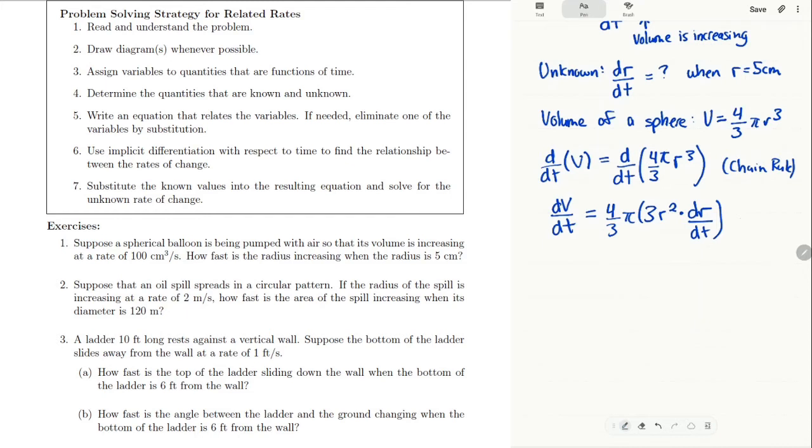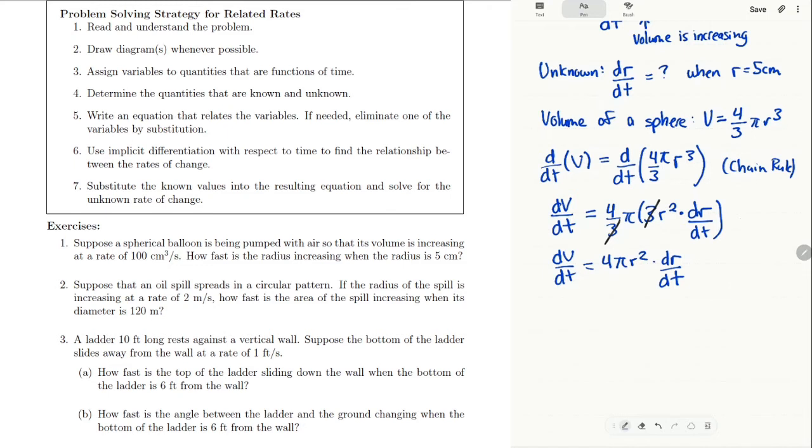So now let's simplify. We have dV over dt equals, now the 3's can cancel, and we're left with 4 pi r squared times dr over dt.